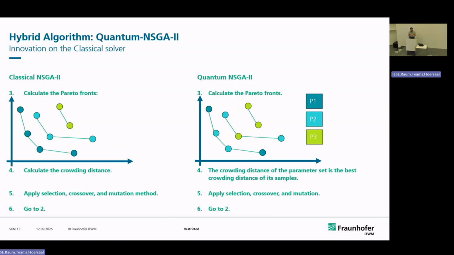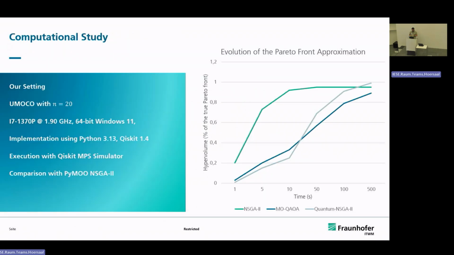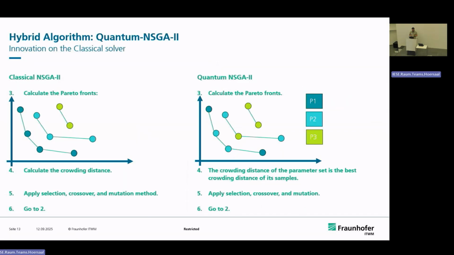For the quantum version, we do it a little bit differently. Now we have, for example, 3 parameter sets, and we do the same for the solutions we have obtained: we sort them by their non-dominance. But then these solutions are assigned to certain parameter sets.